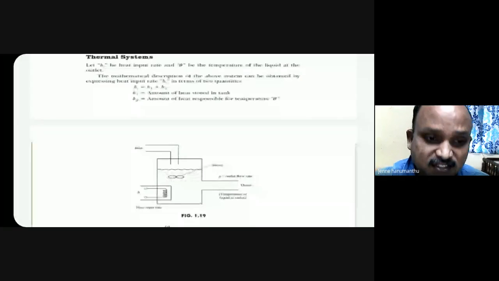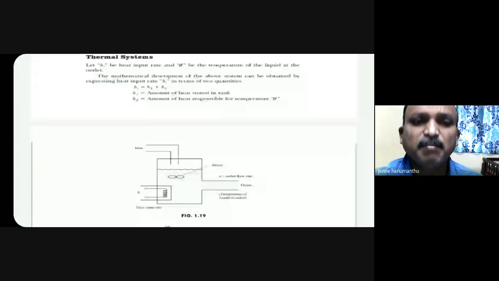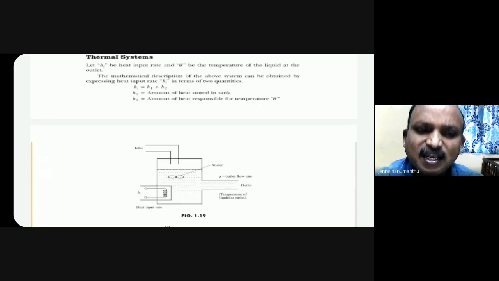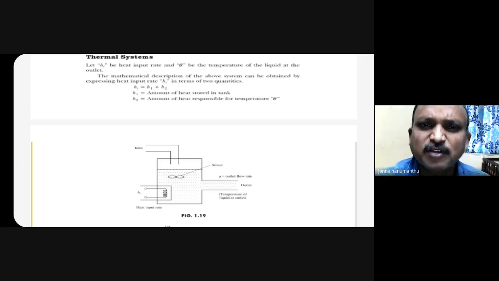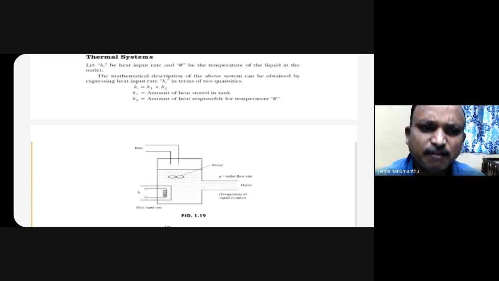I have to maintain it as constant, as set point. And say you are the instrument engineer whose requirement is the temperature within the tank as constant. Somebody's requirement is the temperature at the outlet of the tank. As per our requirement, we do this in process control. What is the meaning of process control? We want to control one parameter as constant by varying the manipulated variables. That is our main issue.